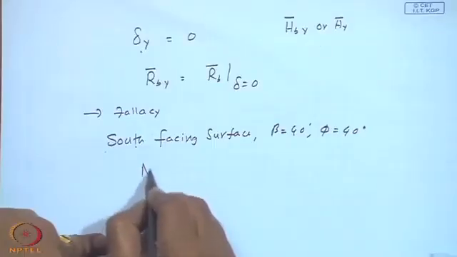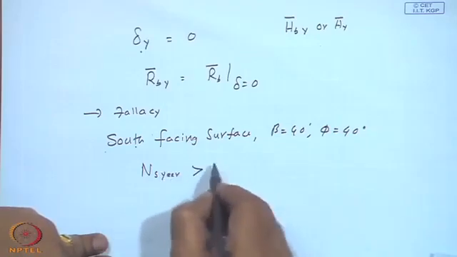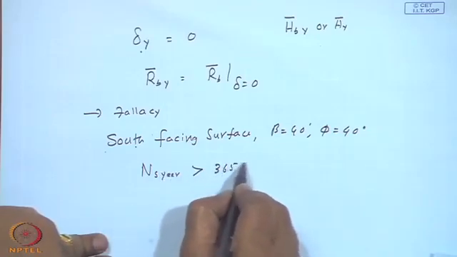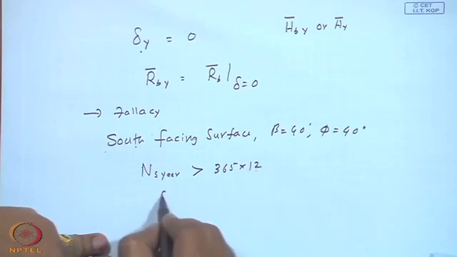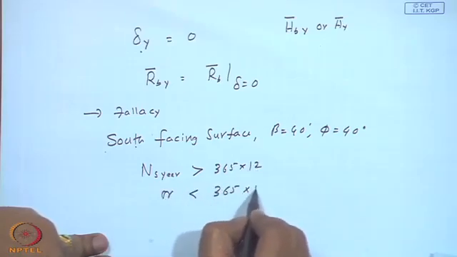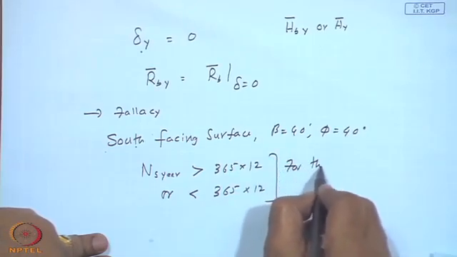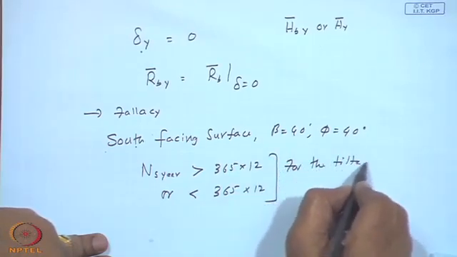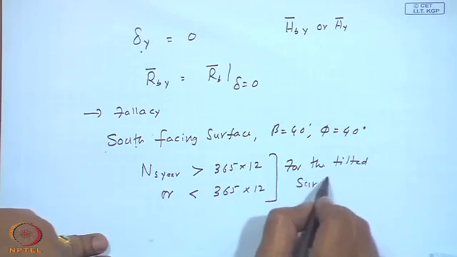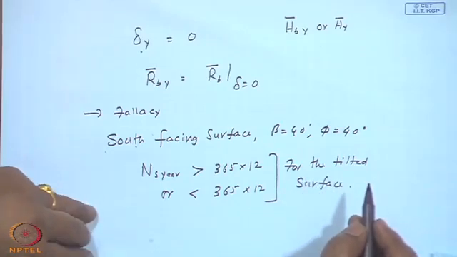So, let us say n s year greater than 365 into 12 or less than 365 into 12 for the surface. Just a guesswork or trigonometry.